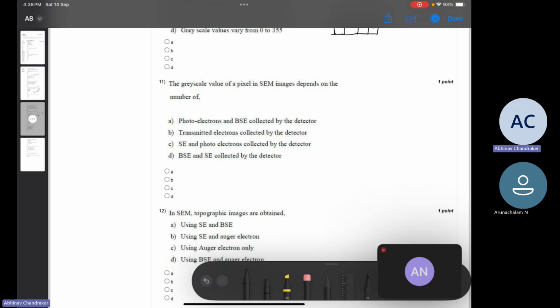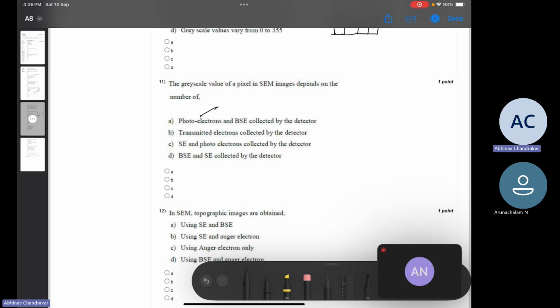Now, the grayscale value of a pixel in SEM image depends on the number of electrons in SEM. We know that we have SEs and BSEs, which are generated from the specimen.